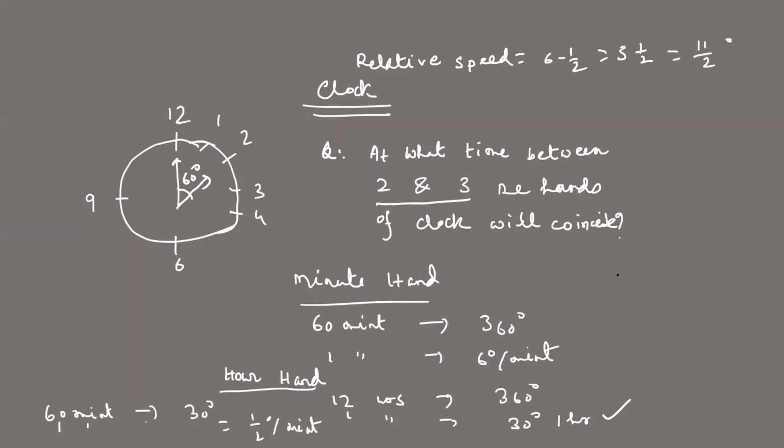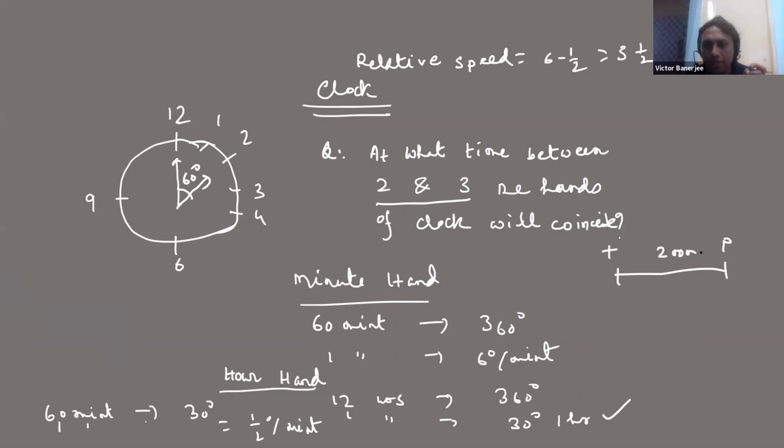Yes, sir. I understood. Suppose, look at this. Suppose this is a prey and this is a tiger. Suppose the distance between them is 200 meters when the tiger spots the prey. Now suppose the prey is traveling at 20 meters per second and the tiger at 30 meters per second.